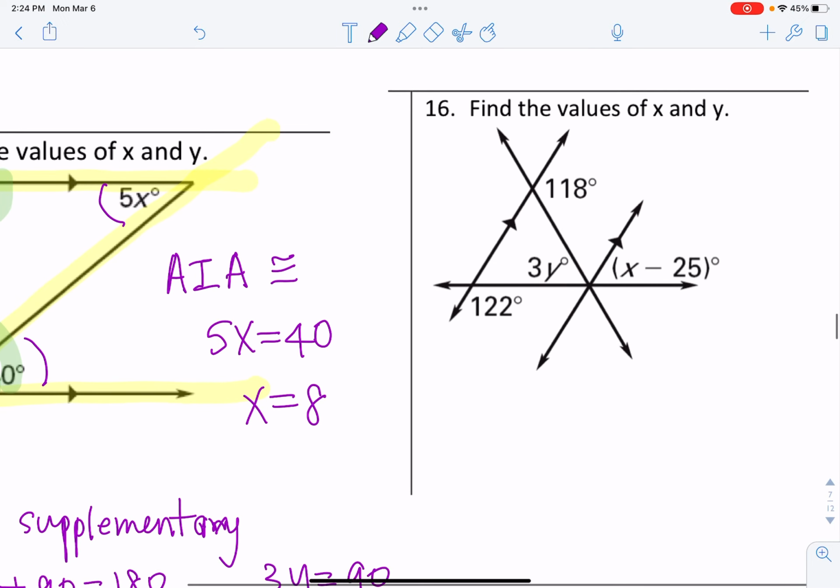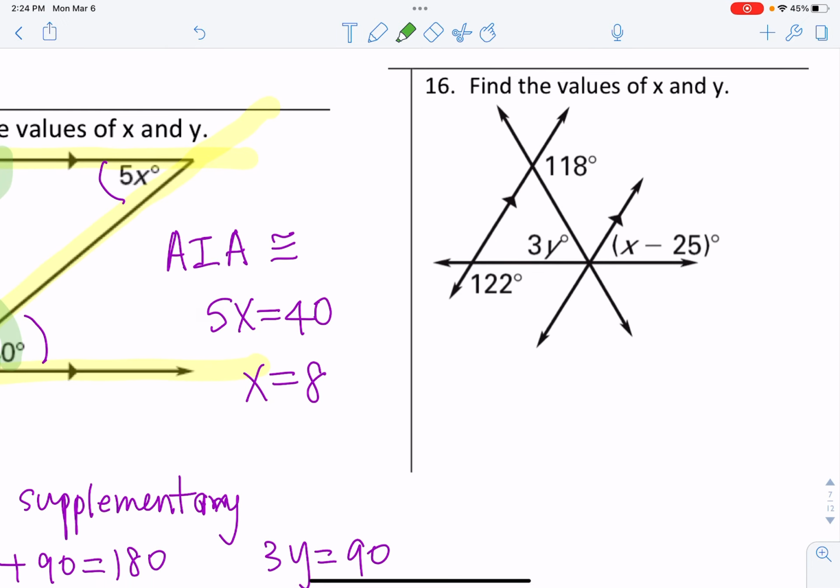And if you see here, I draw a parallel line, this one and that one. And I can draw a transversal to be this line here. Then because of that transversal, this angle will be the same as this angle. Then it's a corresponding angle. So this angle will be 122 degrees.